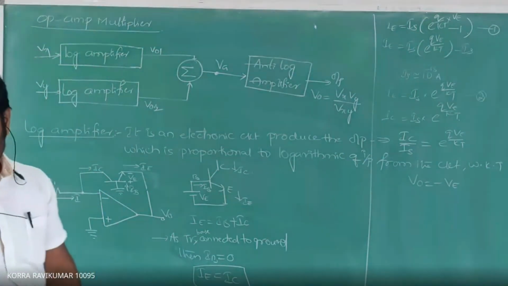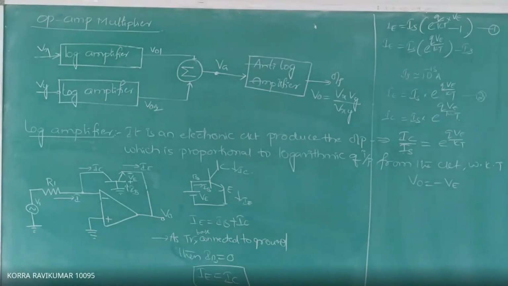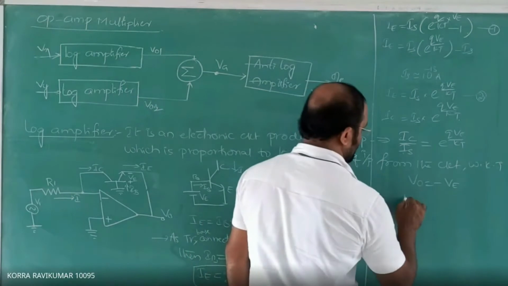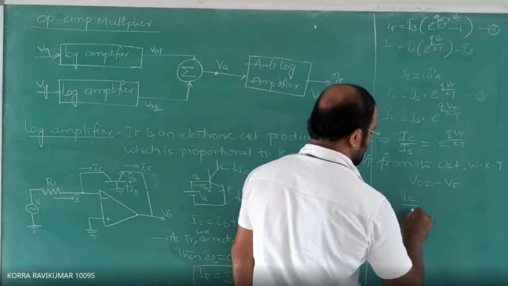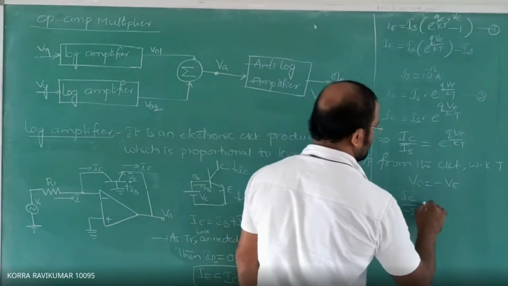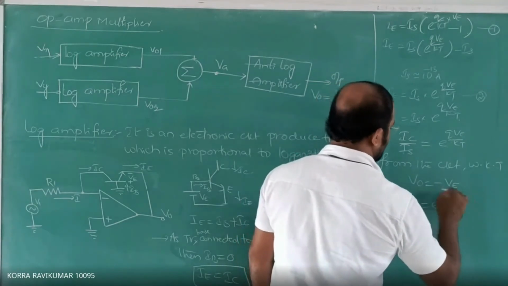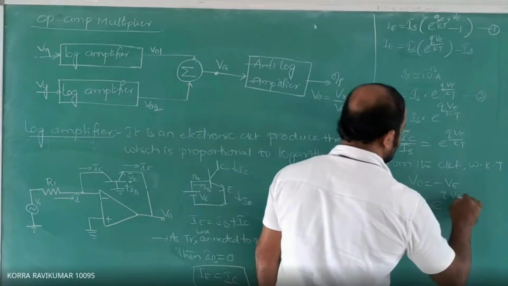Then the expression becomes IC by minus IS, which is equal to e power Q into VE by KT.